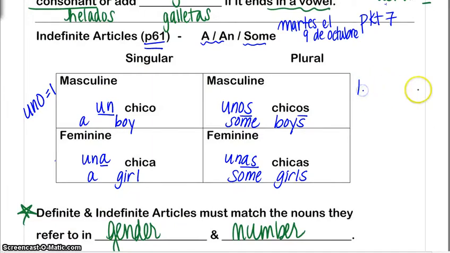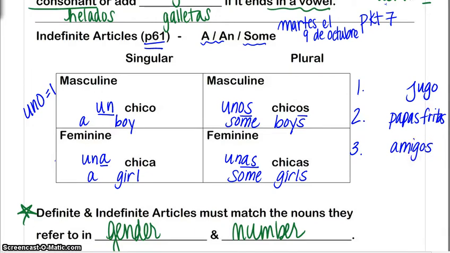Take a second to figure out which indefinite article you would use to go with these words. Here's your first one. Jugo. Número dos. Papas fritas. And número tres. Amigos. Pause the video and when you're done, check your answers.